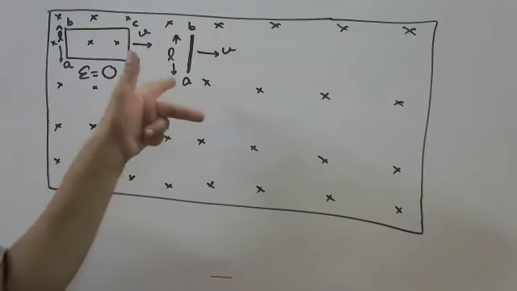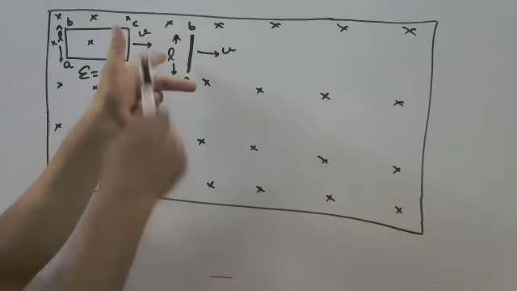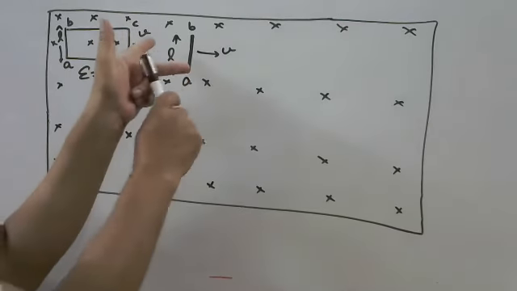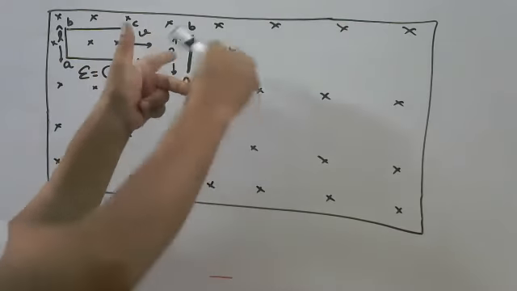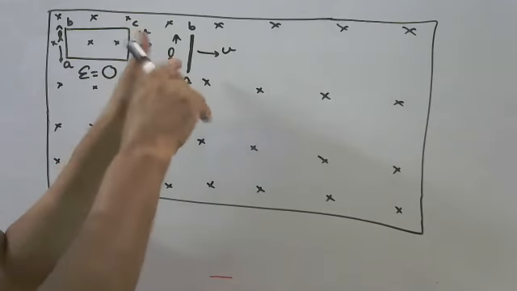So we are using the left hand rule. Because the positive charge is moving towards the right, this is the current and this is the magnetic field, so this is the force.